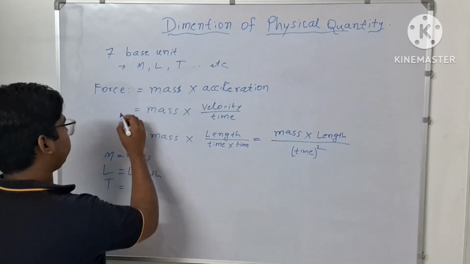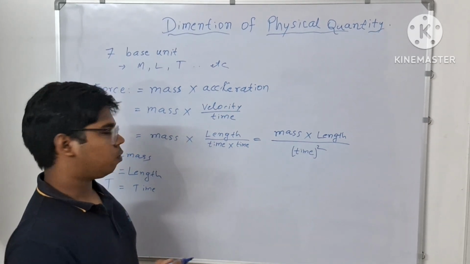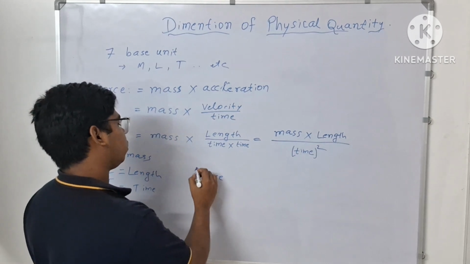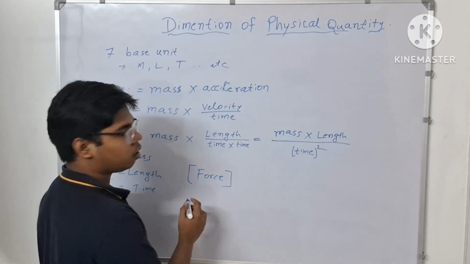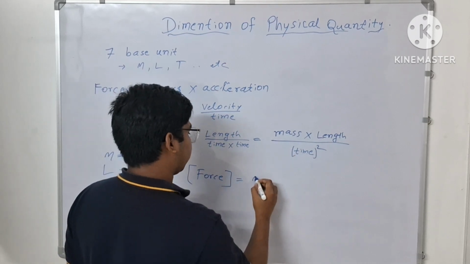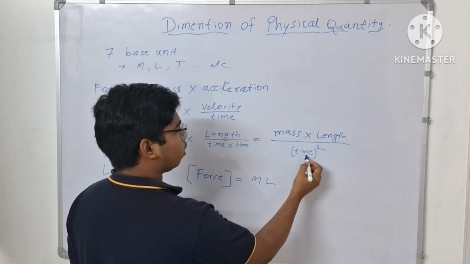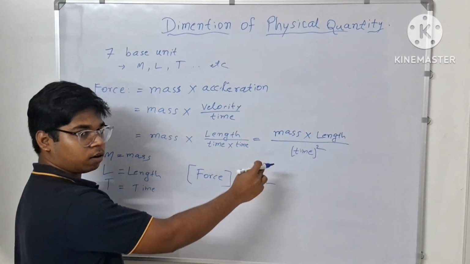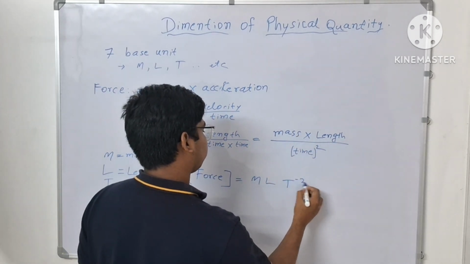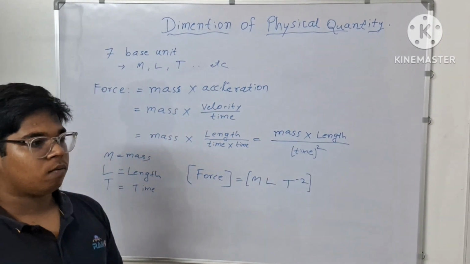So in that case if we write force, the dimension of force, where F is force and the square bracket represents the dimension of the force, is equal to mass M, length L, and time square. It is in the denominator, so if we take it to the numerator then it will be minus 2, T power minus 2. So this is the dimension of force.